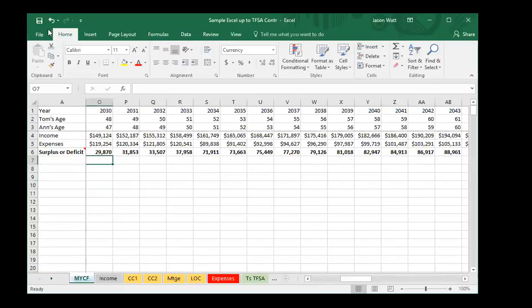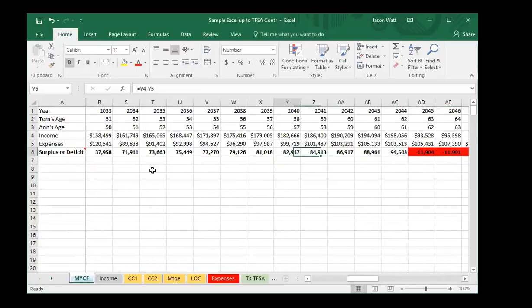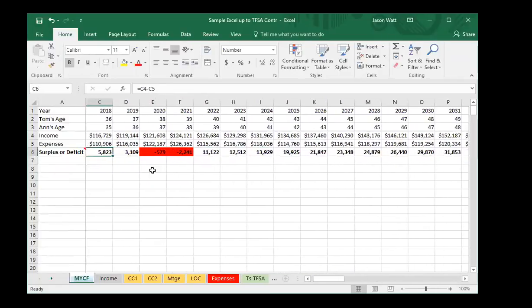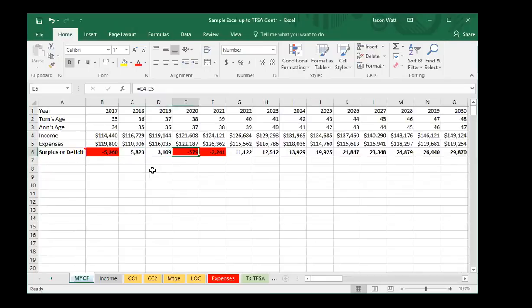And I'm just going to do a quick save here. Nothing fancy. So we can see some years of negative income, all related to those extraordinary expenses, and some years of positive income or positive net income related to our lack of extraordinary expenses, essentially.